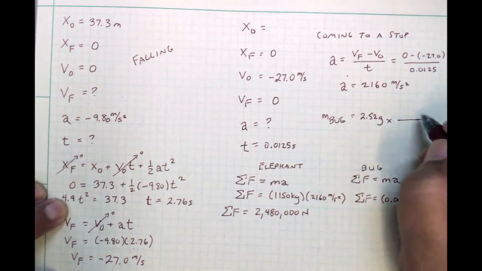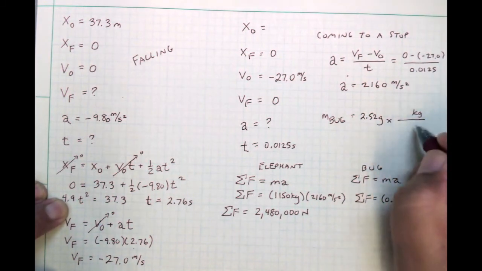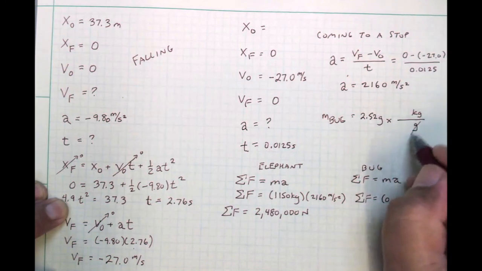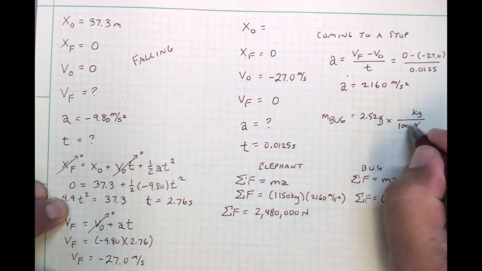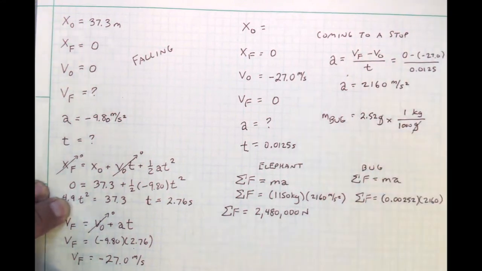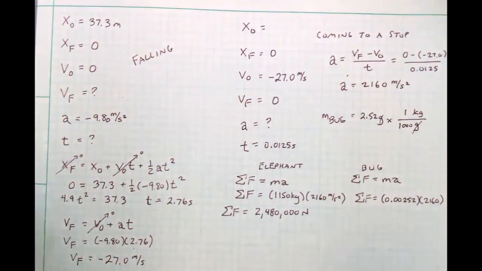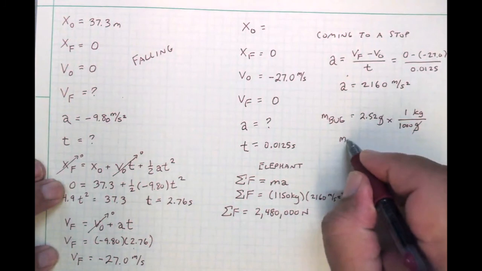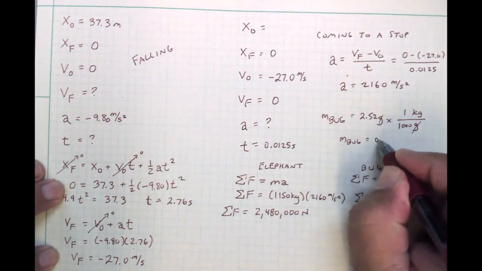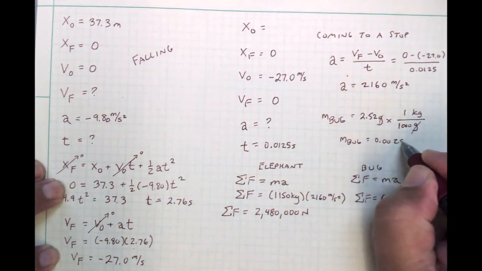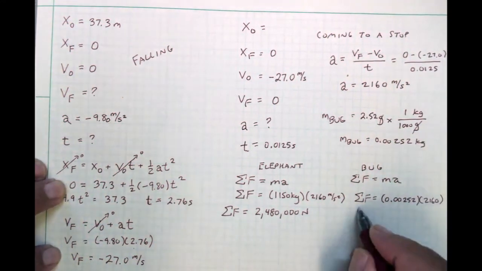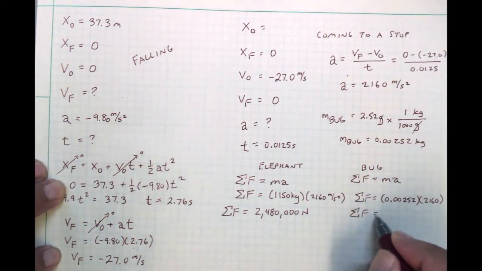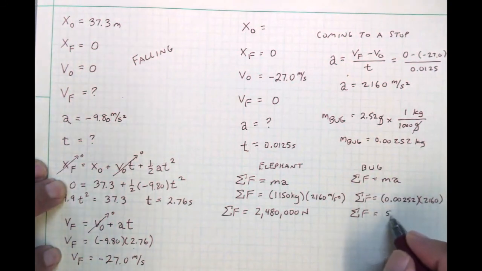Well, we convert that to kilograms with our unit conversion method, putting grams on the bottom so grams cancel, and realizing there are 1,000 grams in 1 kilogram. So that gives us a mass for the bug of 0.00252 kilograms. And that's a net force of 5.40 newtons.